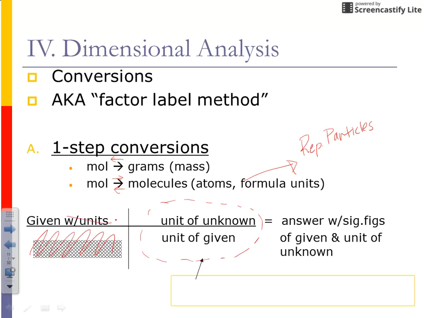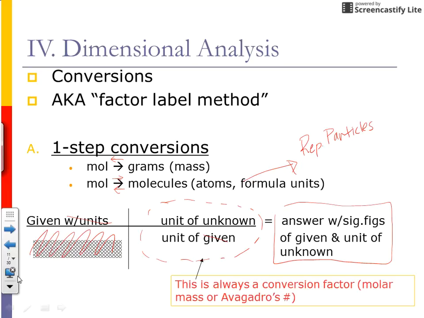You will notice your units cancel, they divide out, and you're left with the unit you're desiring to find. Once you do your calculation, your answer, along with the unit and the correct significant figures, will be expressed here. Try to box in your answers so that it's clear that is your final answer. This is always your conversion factor, and as I said a few minutes ago, it will either be molar mass or Avogadro's number.